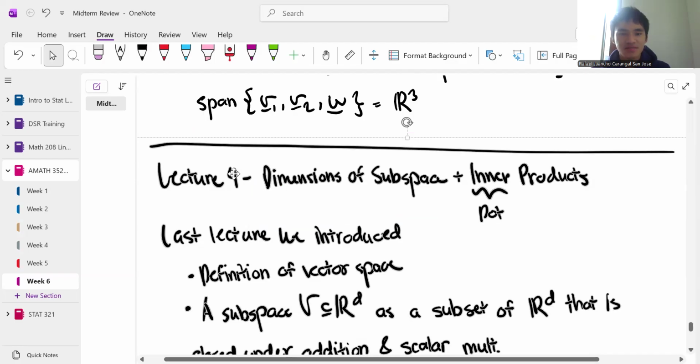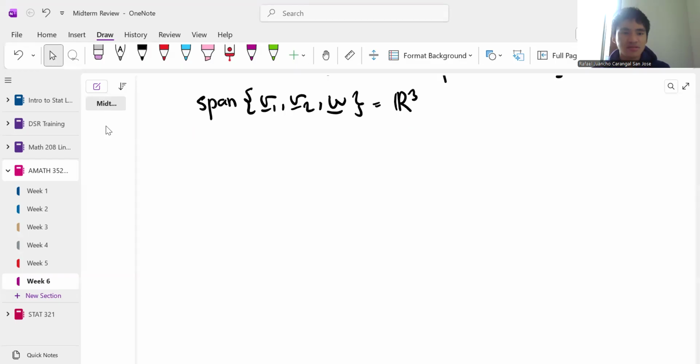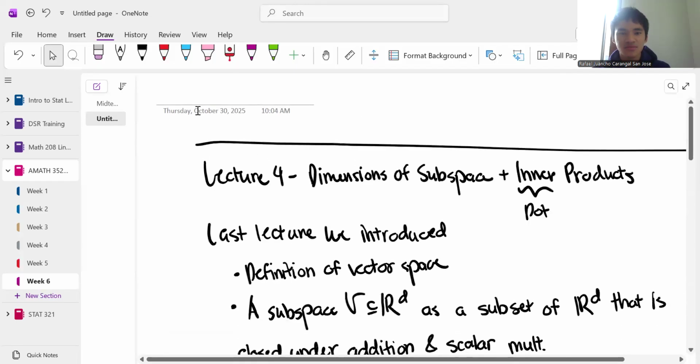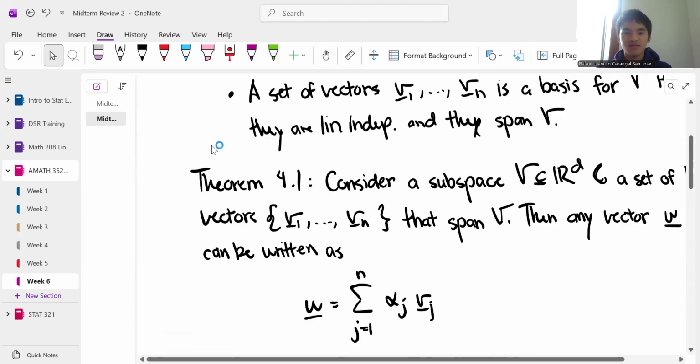If I right click this thing. Okay. Oh, there we go. Nice. So I'm gonna make a new page. I'm gonna put here. There we go. Now this should work fine. I'll just put like midterm review too. Doesn't even matter what I put.